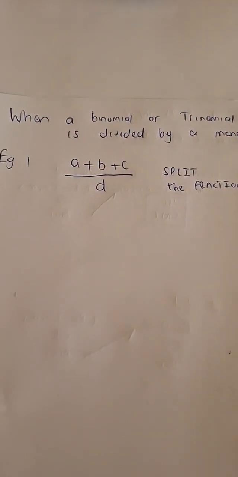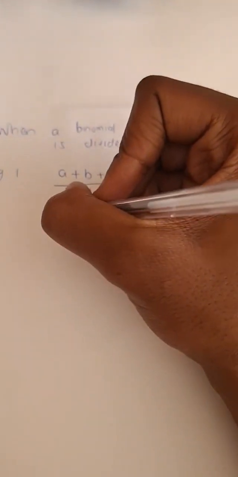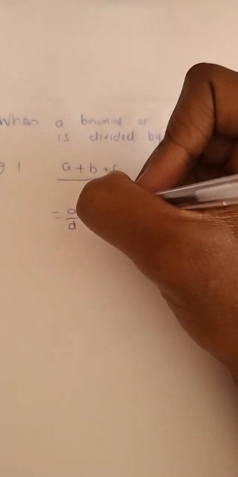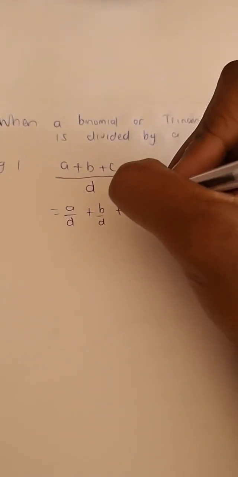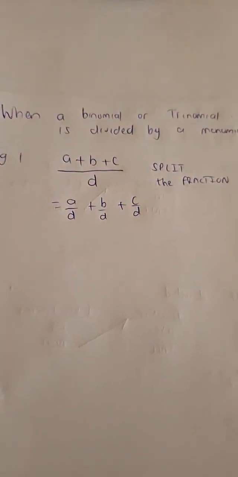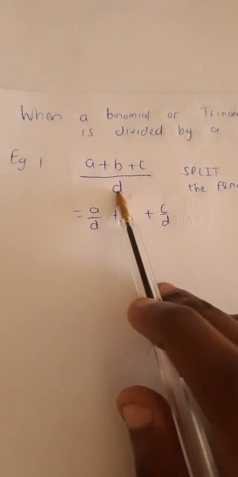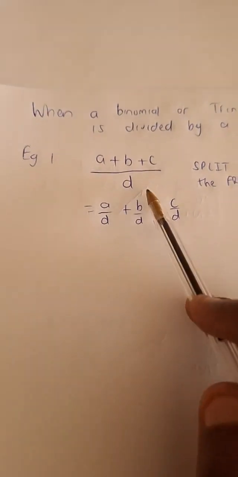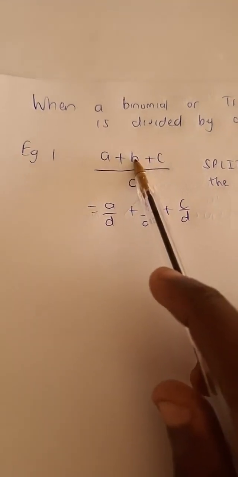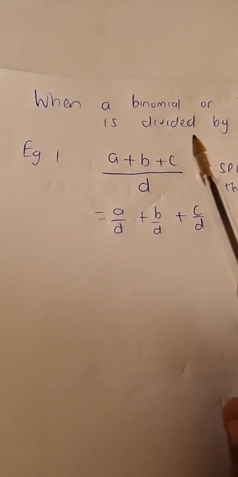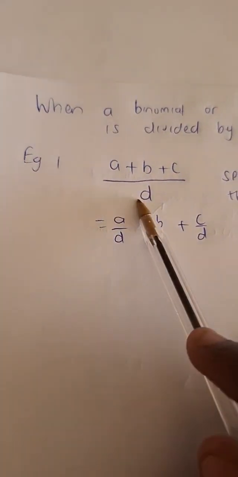Split the fraction first. So you would say A over D plus B over D plus C over D. All would be over D. A would be over D as one term, B would be over D as another term, C would be over D as the other term.